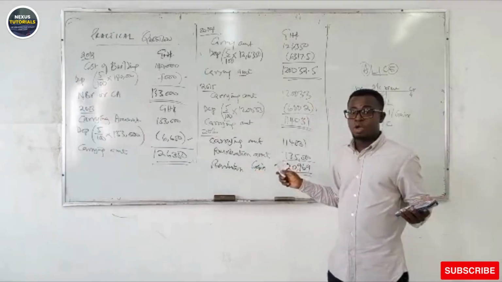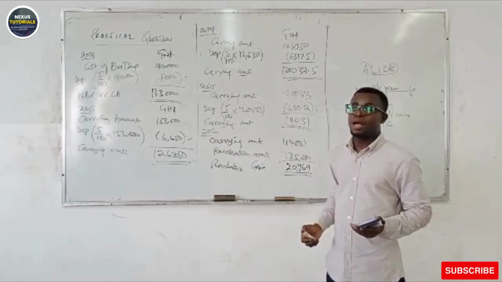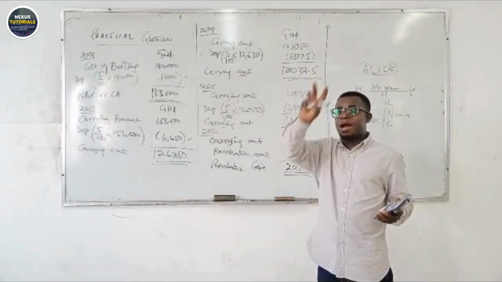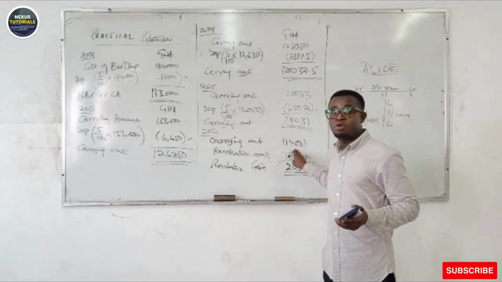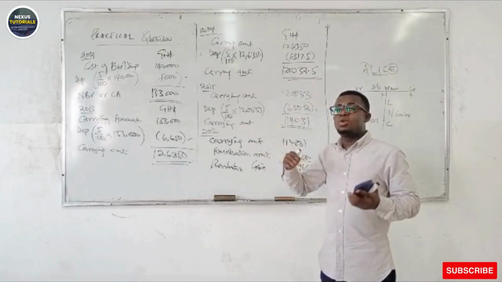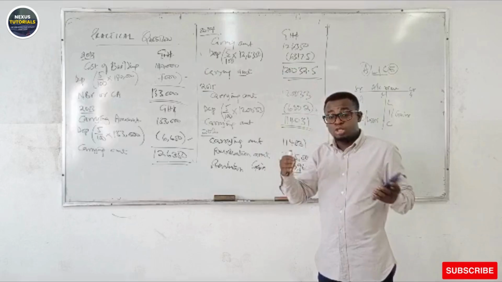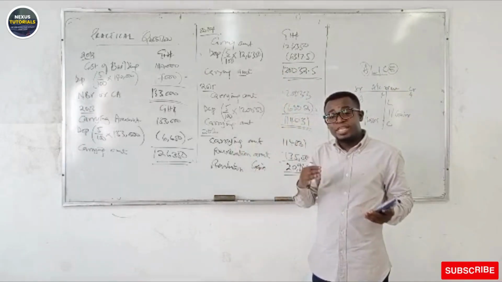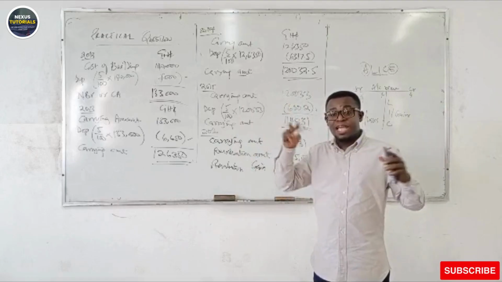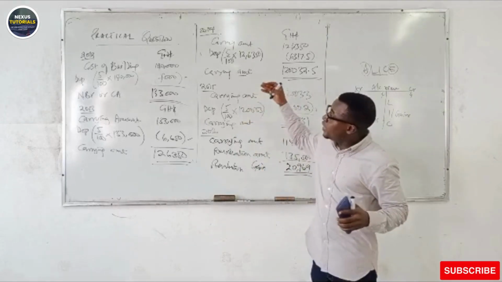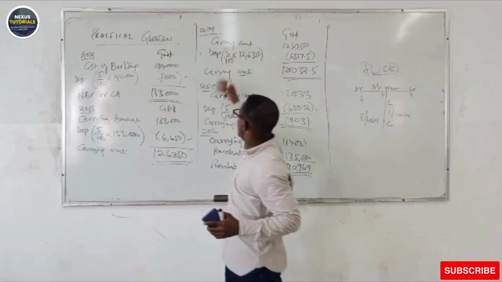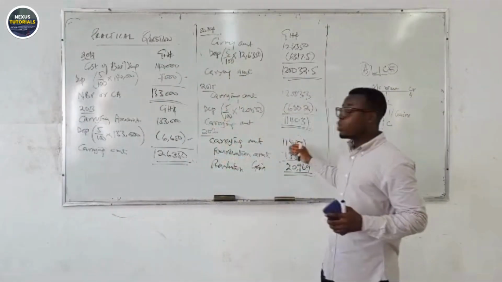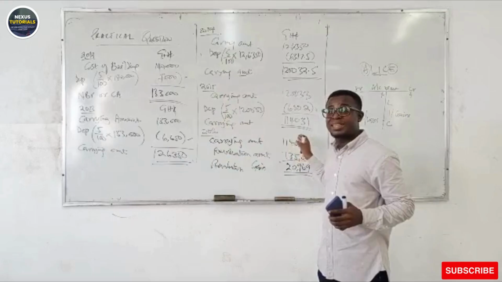Revaluation gain. Why? Let's assume the current amount or the balance on an amount is 114,031. And then we want to revalue the property, assuming it's a property, then after revaluation, or the cost of the asset after 4 years was 114,031.